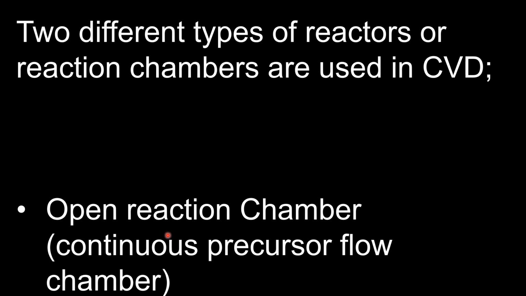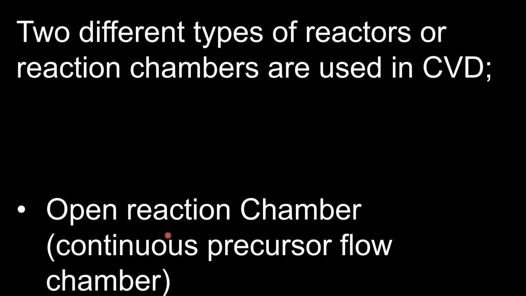So in simple words, if I conclude, CVD systems basically consist of two types of reaction chamber. One is known as the closed reaction chamber. In a closed reaction chamber, the precursor material in a gaseous form is introduced just once, and after that the reaction chamber gets closed, so you cannot get a controlled thin film inside the reaction chamber.